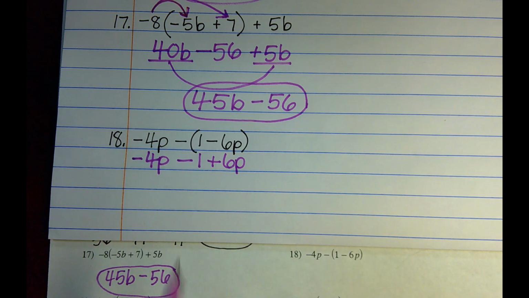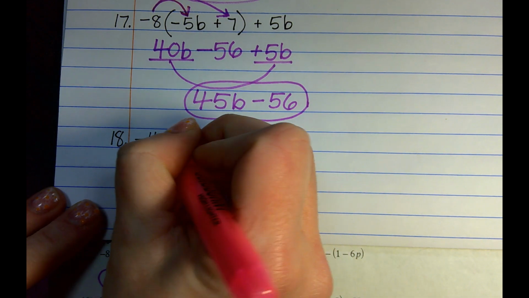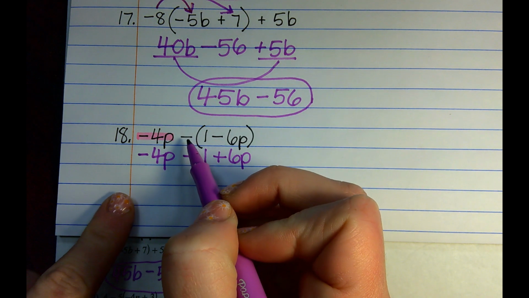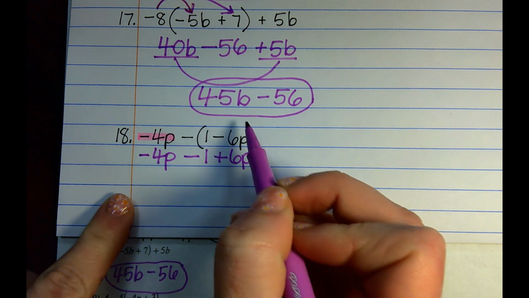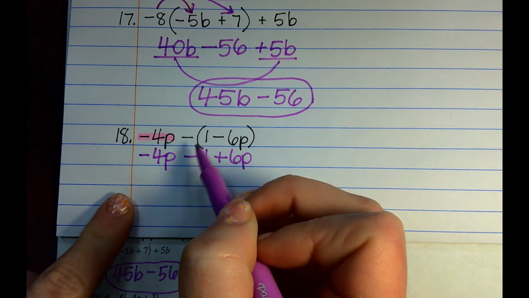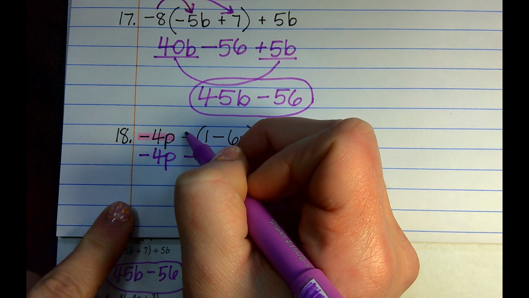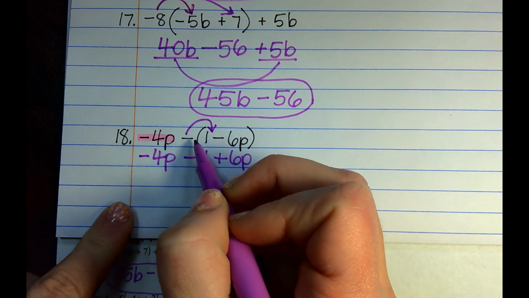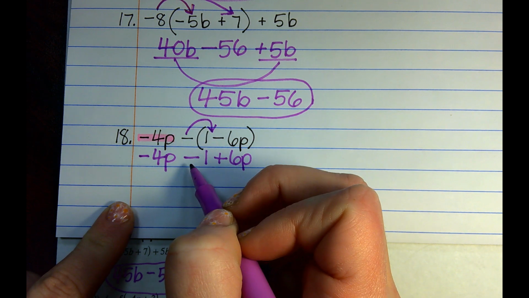Negative 4p. This is one term by itself. This is separate. And what's happening here is we have minus this quantity in parentheses, minus this. So he just distributed the negative. Think of it as being a negative 1.